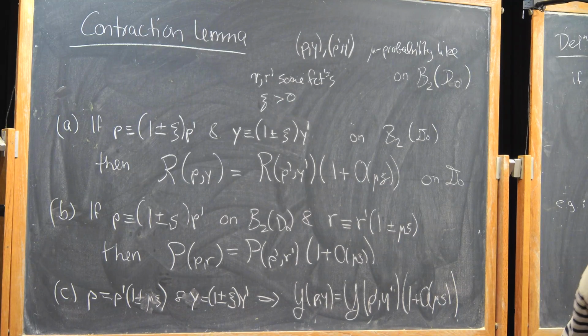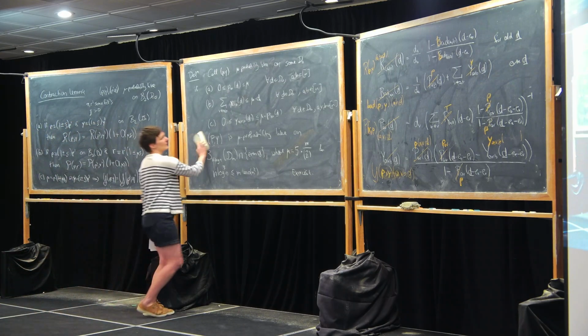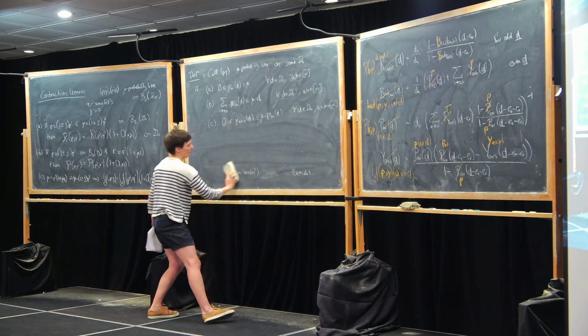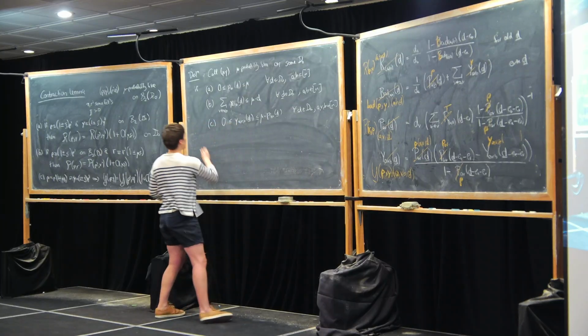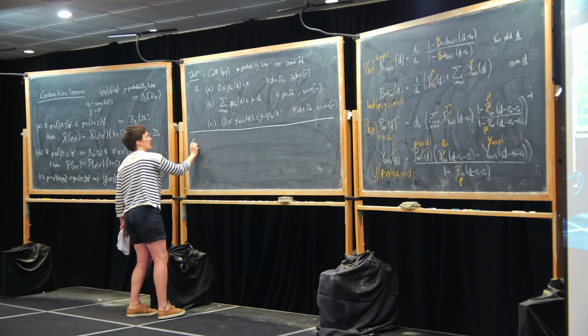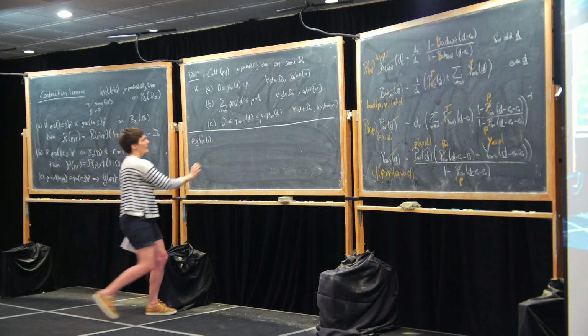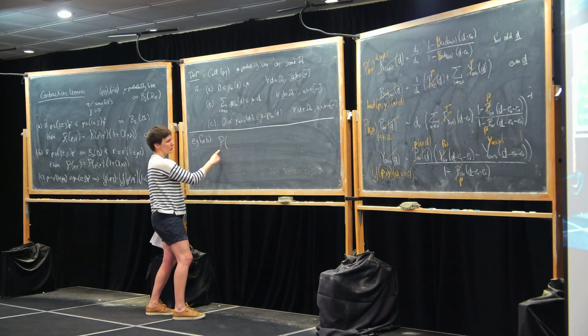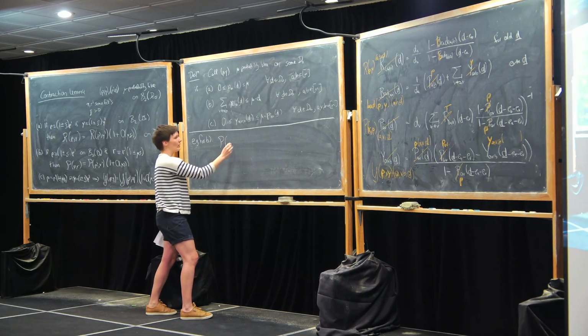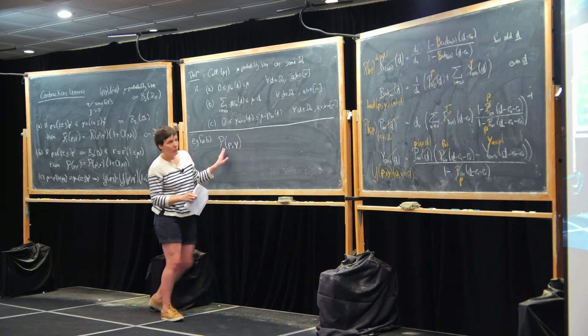Okay, now I'm missing one board space. Okay, just for B, for example, we have the probability operator of some probability-like function P and some Y. So what is that?